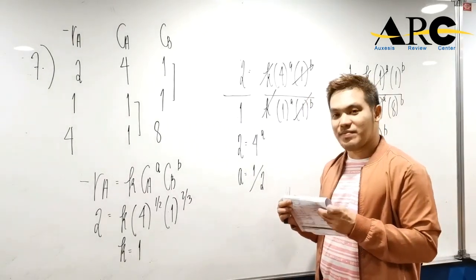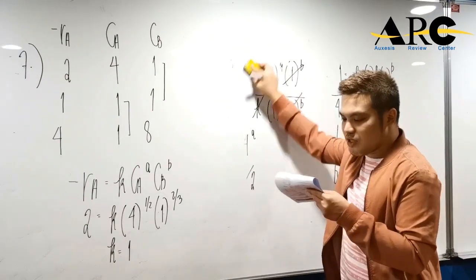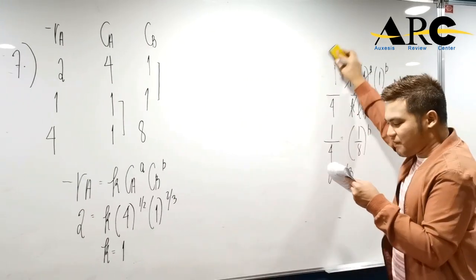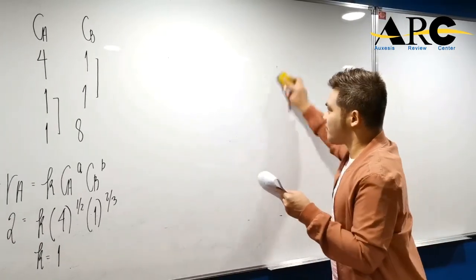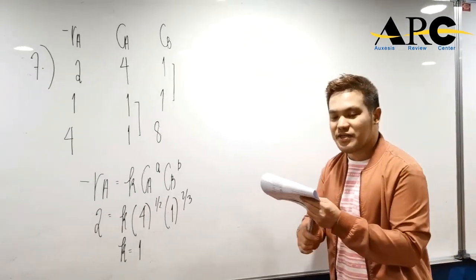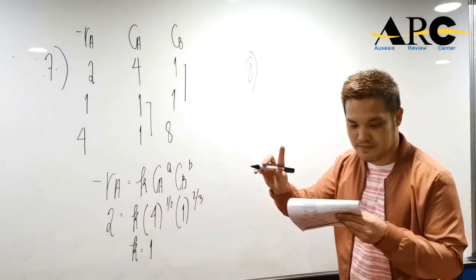So, next, number 8. On doubling the concentration of reactant, the rate of reaction triples. So, find the order of the reaction. So, ganito lang yung gagawin natin. Intindihin natin yung sinasabi sa problem.